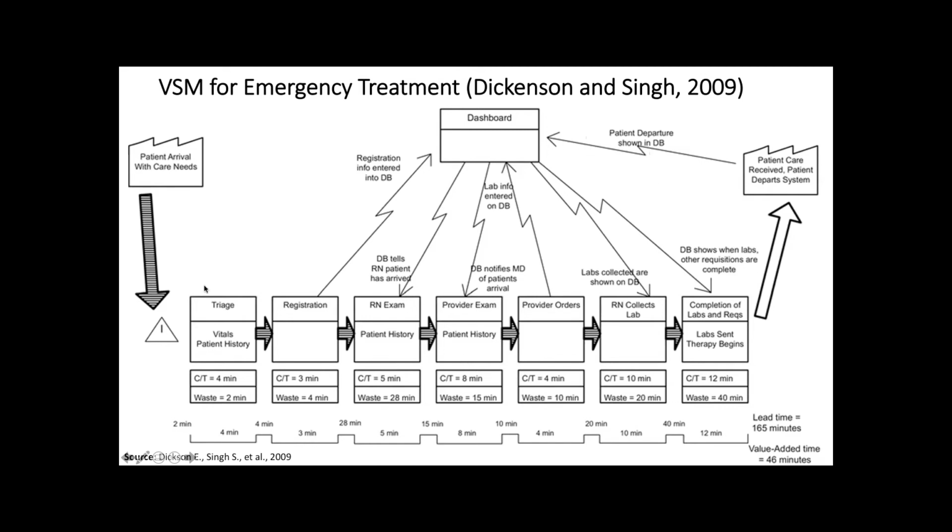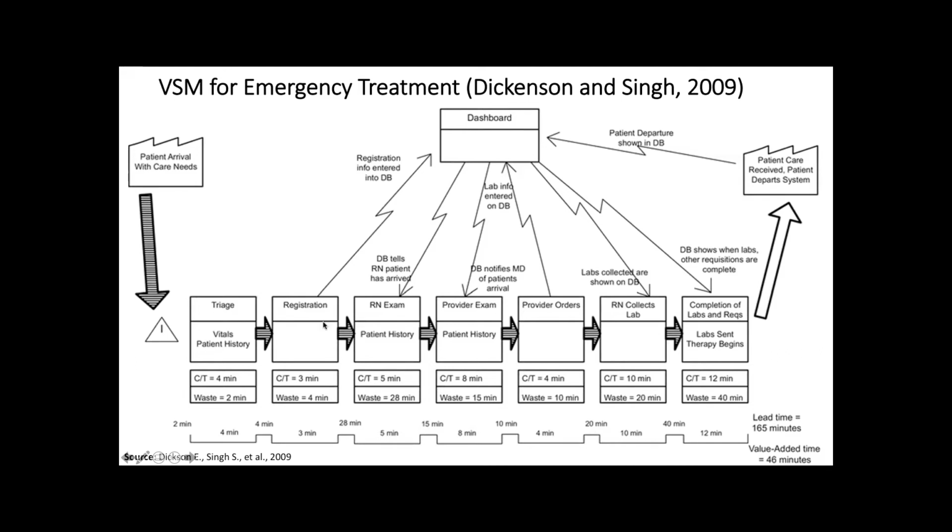And so obviously here, as you can see, there's a lot more detail in terms of what operations need to be done, how long each one of them is going to take, and how long it takes between the previous operation and the next operation. These are all the waits. These are all the waiting time for the customers that are waste, and they add no value to the customer.